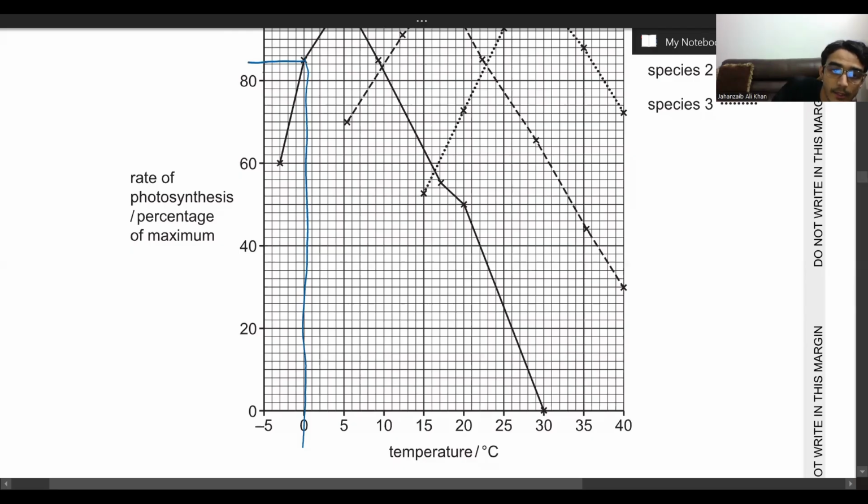And this is 82, 84, and a little above it. So I'd say 85. 85%. This y-axis represents the rate of photosynthesis as a percentage of maximum.